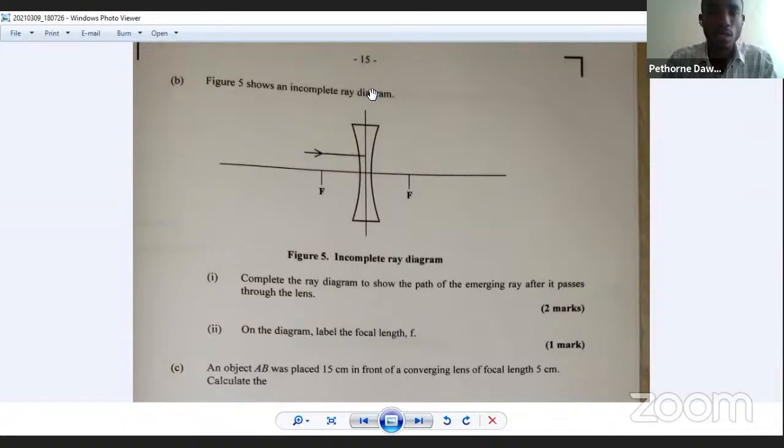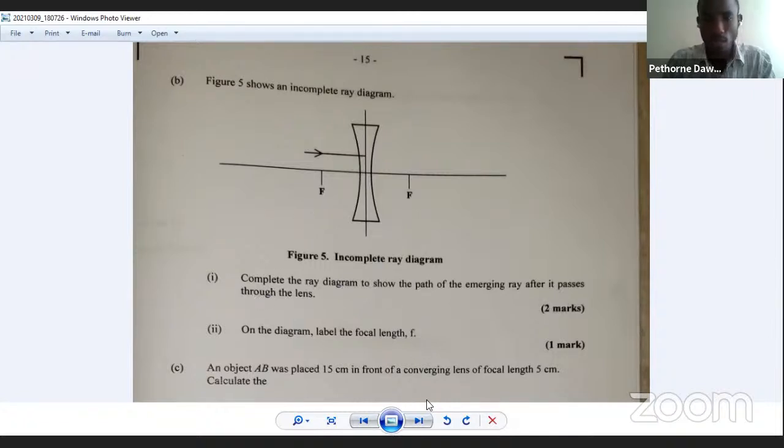The optical plane is this vertical line. You have to know the labelings of a lens. So the principal axis, and then this here is the optical plane. Now the ray is this arrow with the arrowhead on it. Incomplete, they say. Complete the ray diagram to show the path of the emerging ray as it passes through the lens.